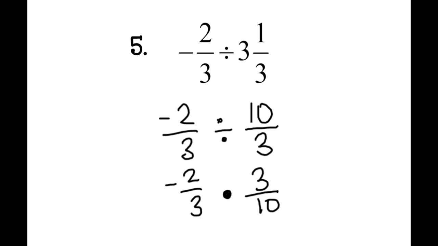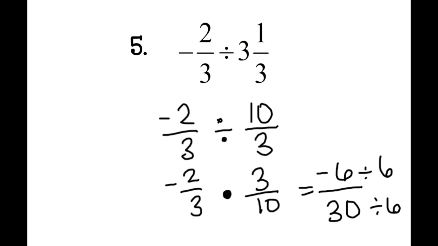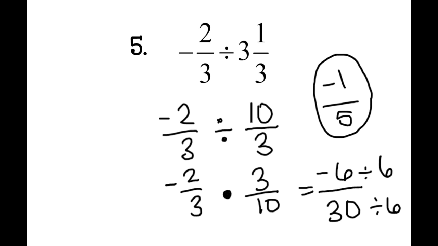Now I multiply across, so I have -2 times a +3, which is a -6, and I have 3 times 10, which is 30. Then I see, can this be simplified? 6 goes into both of these numbers, so I can divide by 6. -6 divided by 6 would be a -1, and 30 divided by 6 would just be 5. So my final answer would be -1/5.